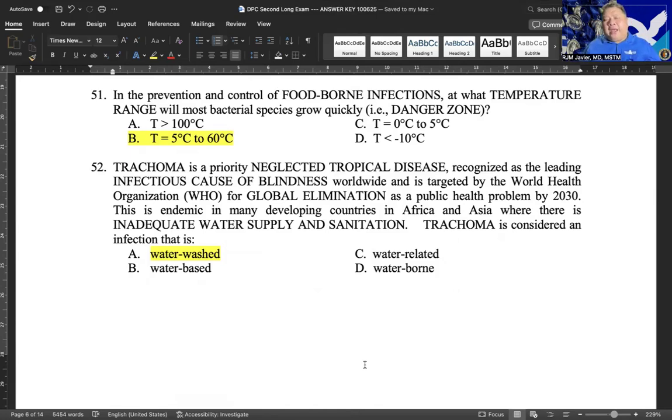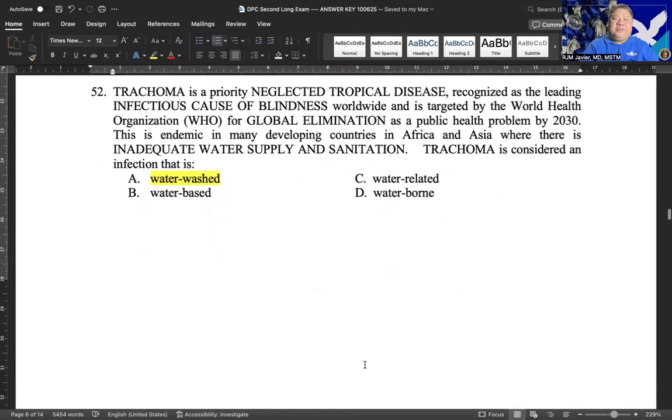In this temperature range, you do not expect your pathogens to multiply and grow. And so the danger zone is the range where pathogens would most commonly thrive and even have the capacity to replicate and multiply within that temperature range.